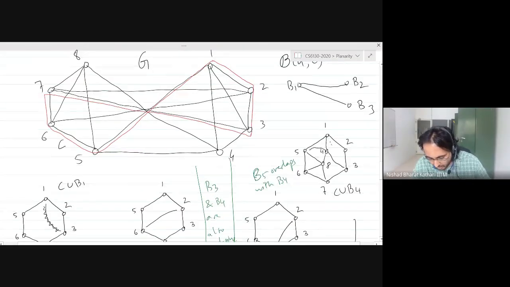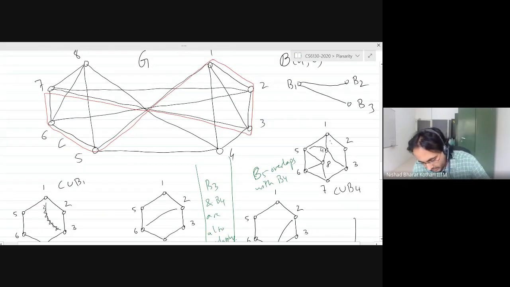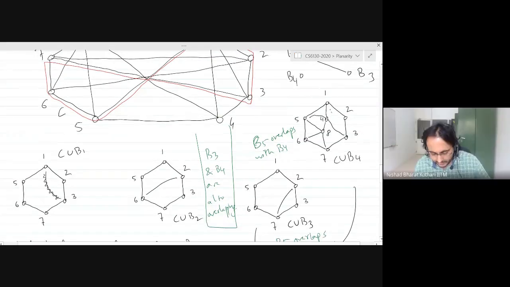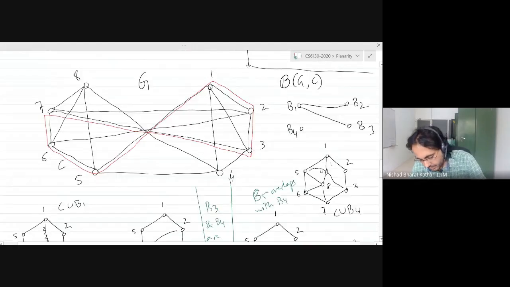And now finally about B4. What does B4 overlap with? Well, B4 does not overlap with B1. Does B4 overlap with B2 and B3? Yes, with both of them, right?